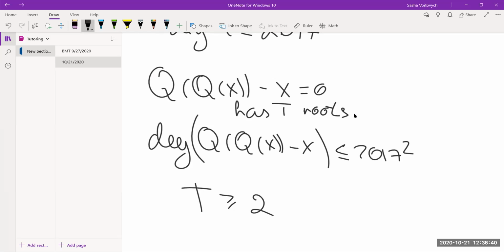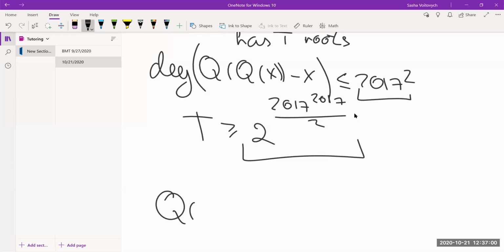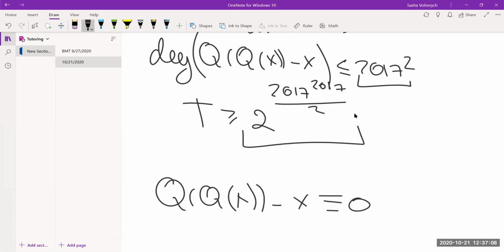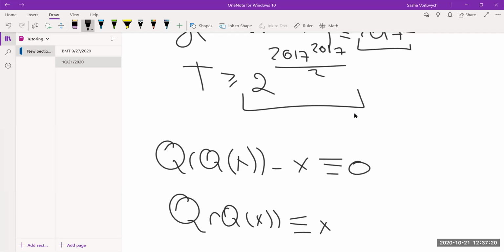It is greater than 2 to the power of 2017 to the power 2017 over 2. So clearly, this is greater than the degree. If the number of roots is greater than the degree, then q of x minus x must be identically equal to 0, because if it was a non-zero polynomial, then it couldn't have more roots than its degree, but it does. So it is identically 0. So q of x is identically x.